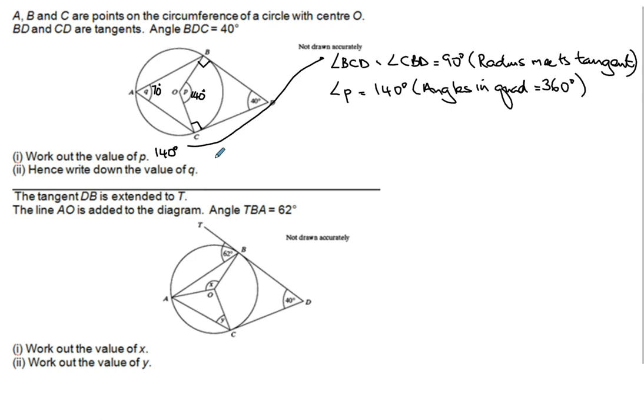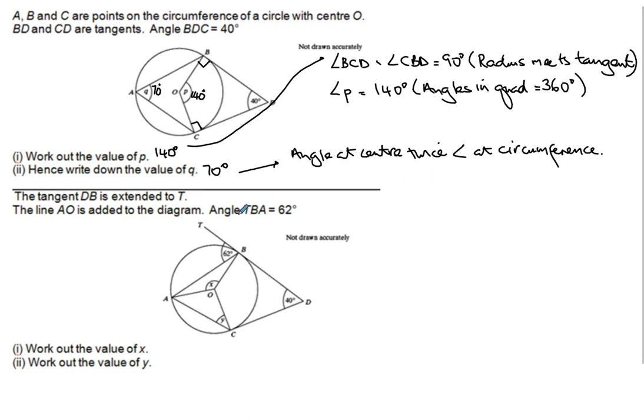Write down the value of Q, so that's 70. So the reason there is angle at center twice angle at circumference. I'm going to take even more shortcuts, but remember, write down the word.